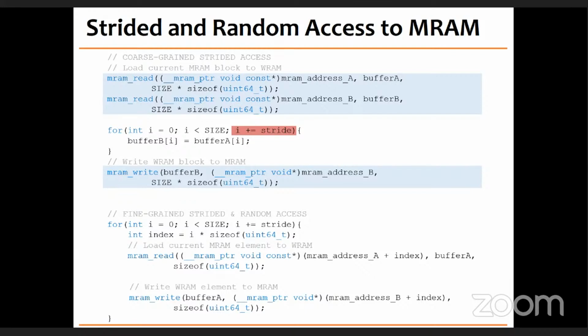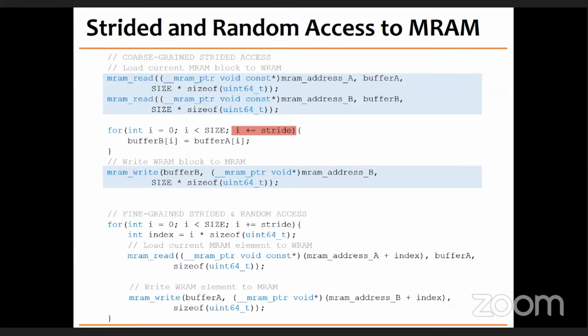You may remember that the larger the transfers from the MRAM to the WRAM, the higher the bandwidth we can achieve, right? So based on that idea, one potential way of doing the strided accesses is by bringing a whole chunk of data to WRAM, and then performing the strided accesses in WRAM.